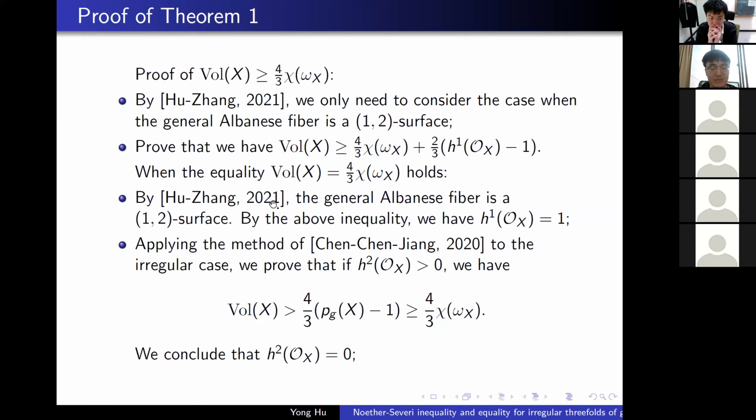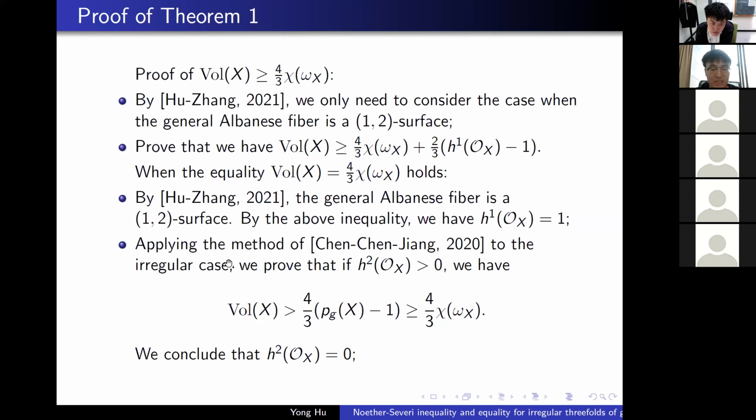First, by our previous results, we know that the general Albanese fiber is a (1,2)-surface, because if it is not, we have canonical volume larger than or equal to 2χ(ω_X), which is a contradiction. And by the above inequality, we know that h¹(O_X) is equal to 1, because if it is larger than or equal to 2, the volume would be larger than 4/3 χ(ω_X). So we get h¹(O_X) equal to 1.